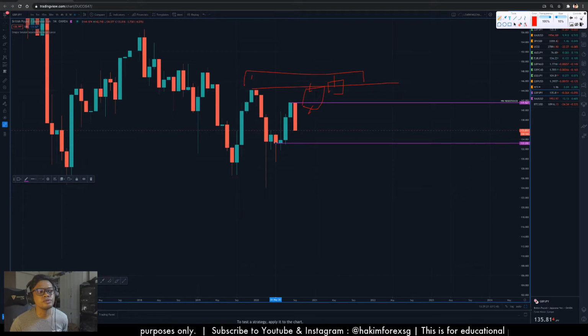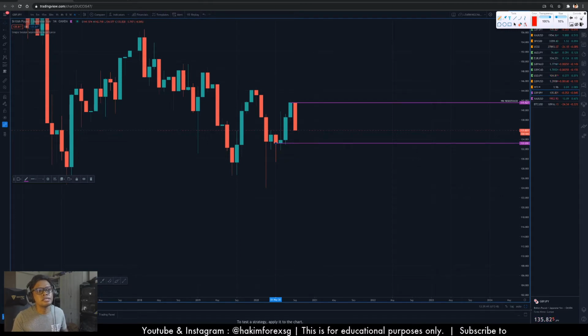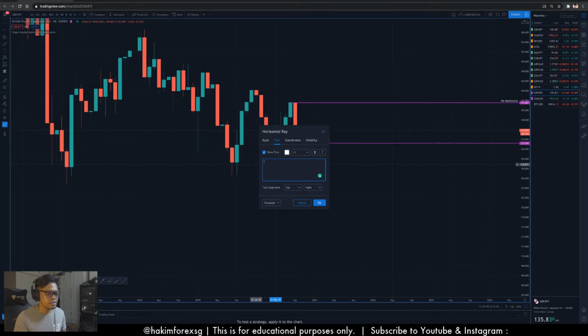But right now what it's doing is actually retracing back down, maybe to test this wick here to go further up, or to test this zone here to go further up. So this is just basically my storytelling assumption, so that when the price moves, I know how to justify it looking at the technical analysis. Okay, so let me label it here as MN support.